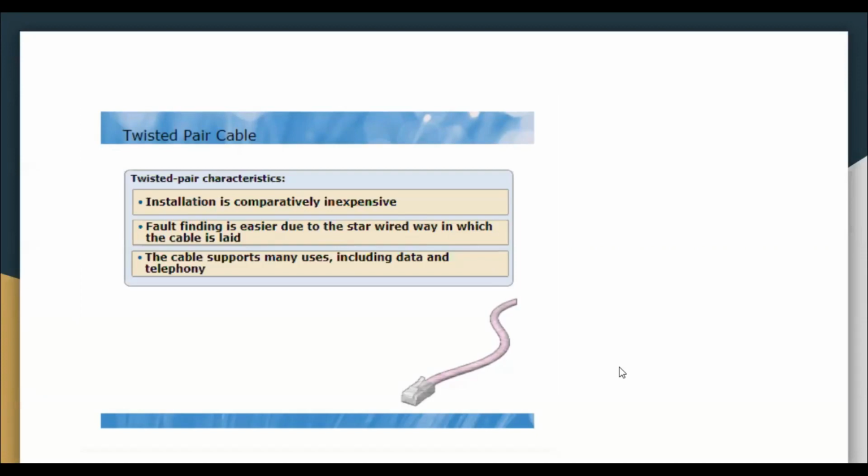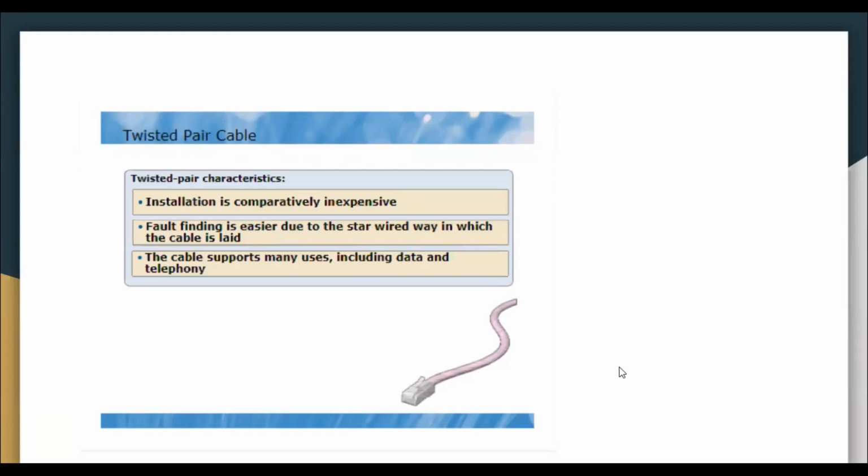Based on how pairs are wrapped in the plastic sheath, there are two types of twisted pair cable: the UTP and the STP. In the UTP, which is unshielded twisted pair cable, all pairs are wrapped in a single plastic sheath.